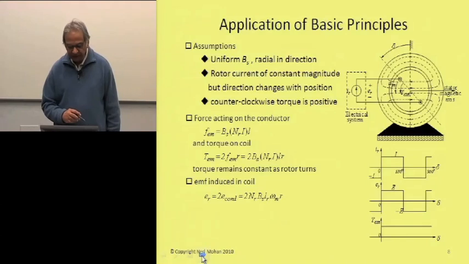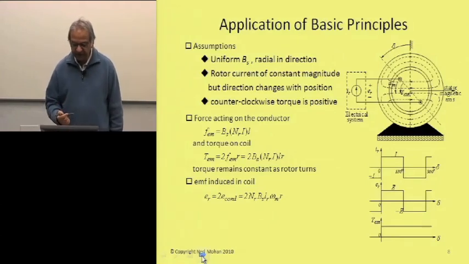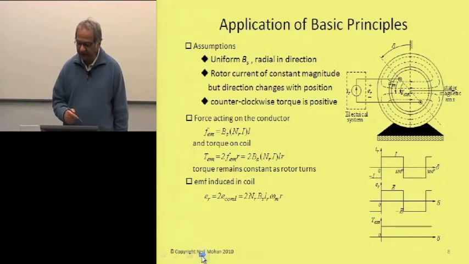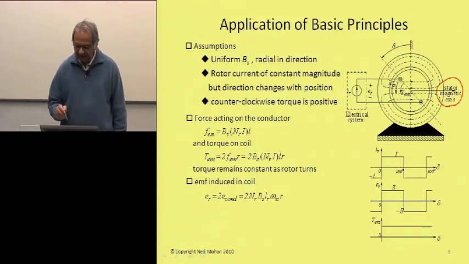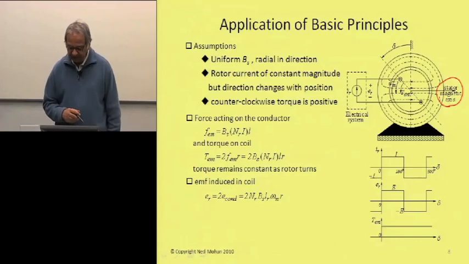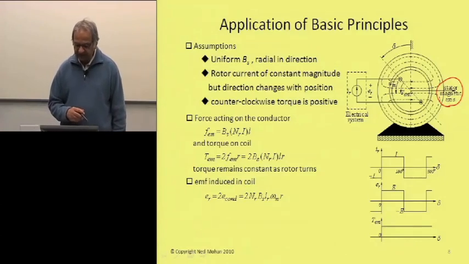All right. So now let's take these two principles into some very basic structure, a very primitive machine, if you will. What we have here is some externally established stator magnetic field, and its axis is given here. We consider this to be, let's say, radially distributed.